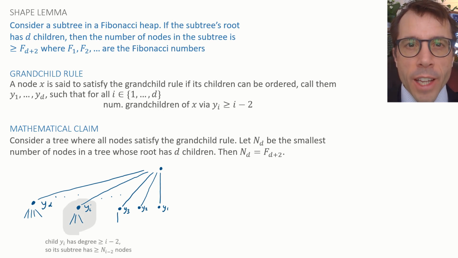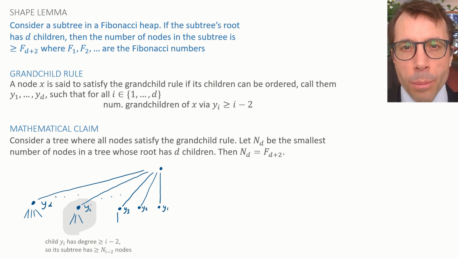We know that any child yi has at least i minus 2 children. That's what the grandchild rule says it has. So the smallest possible number of nodes in that subtree is n_{i-2}. That's just from the definition of n. n_d is the smallest number of nodes you can possibly have in a subtree.